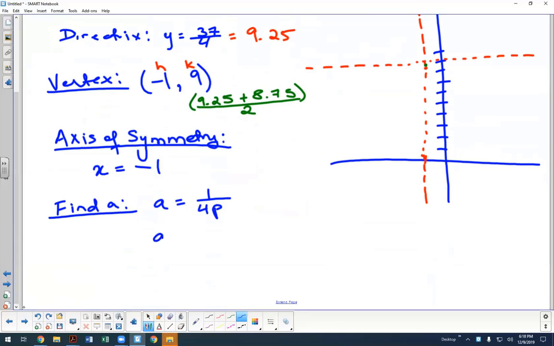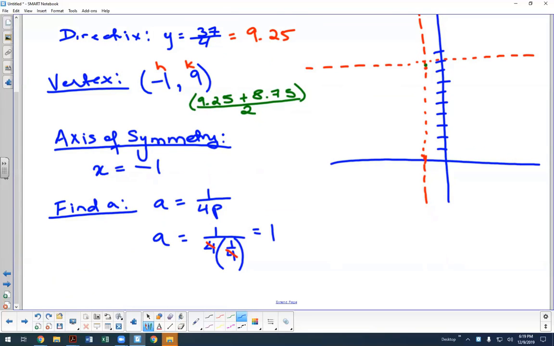So since our p is 1/4, what does the a value come out to be? 1, yeah, because these cancel each other out.